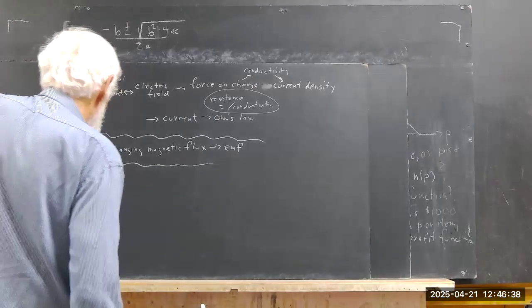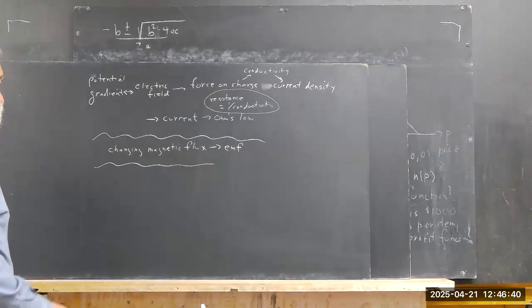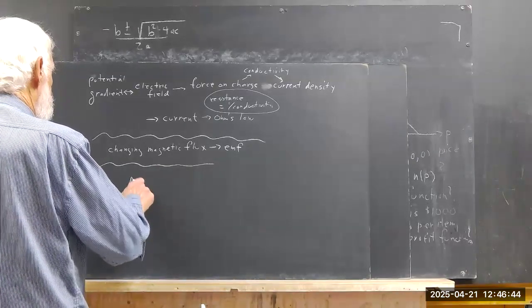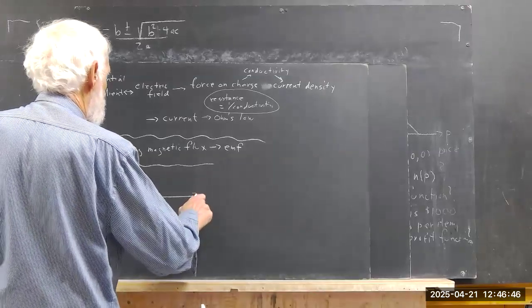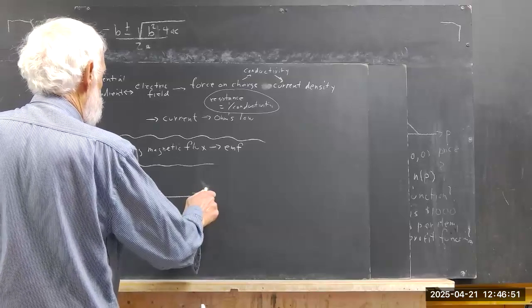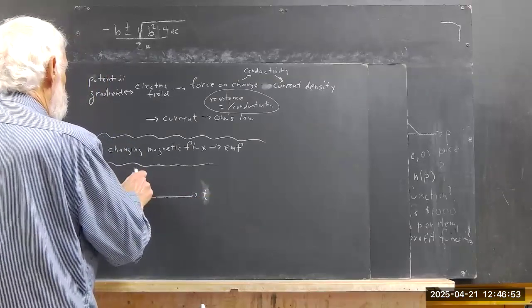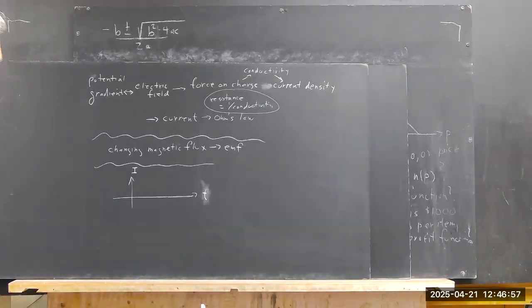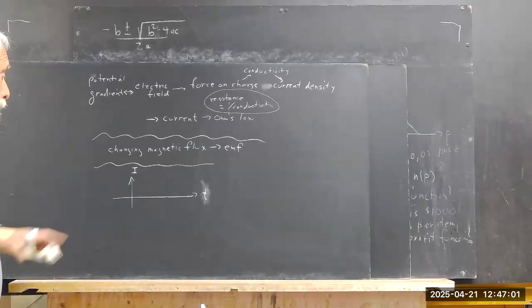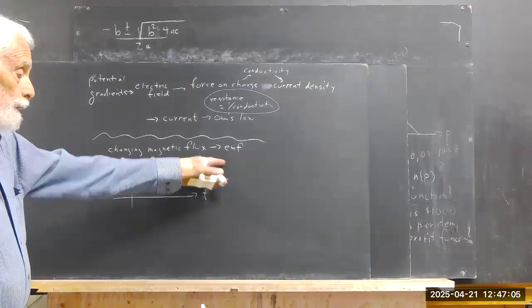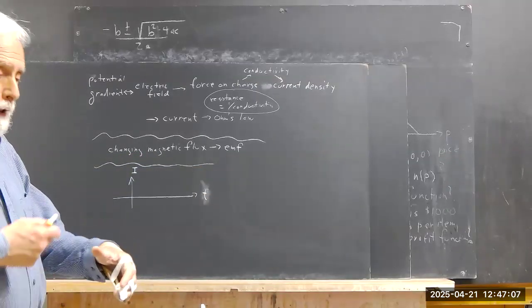Now, what we want to look at today. Say we've got current versus time. Okay. And this current is being produced by changing magnetic flux, where you're rotating at a constant rate.